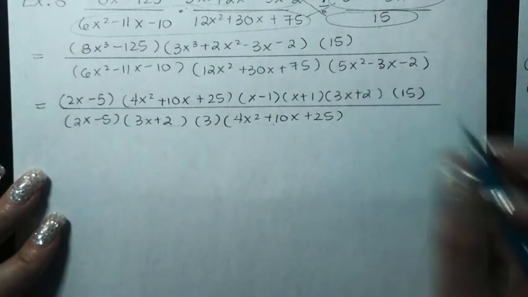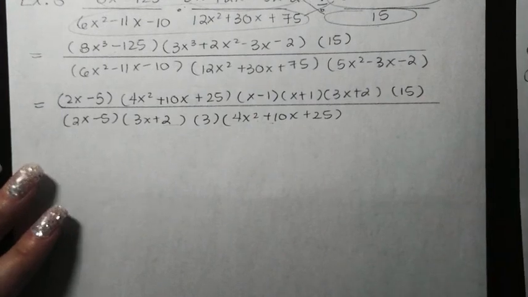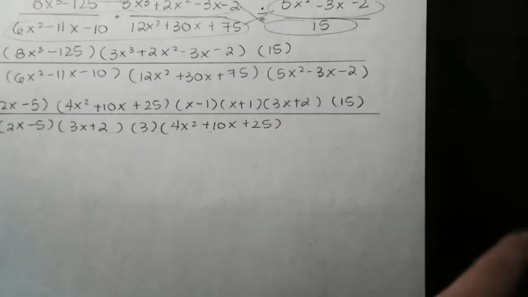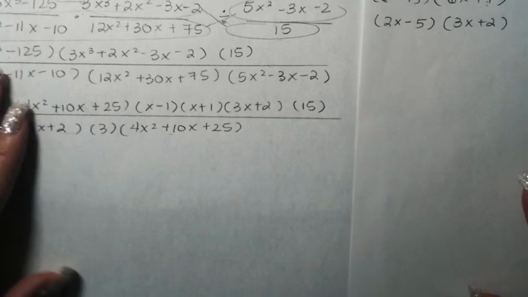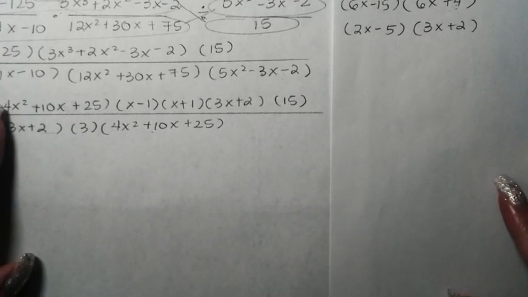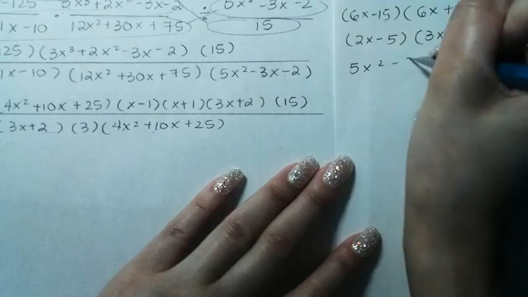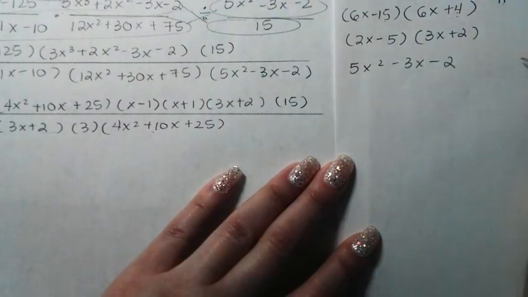Then you look at this one and you're like, oh, again, I need more space. Let me strategically scroll this so you can see my work. You have 5x squared minus 3x minus 2. You want two numbers that when you add them give you negative 3, and when you multiply them give you negative 10.